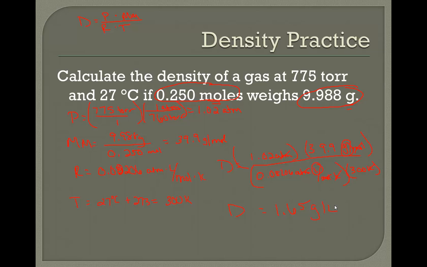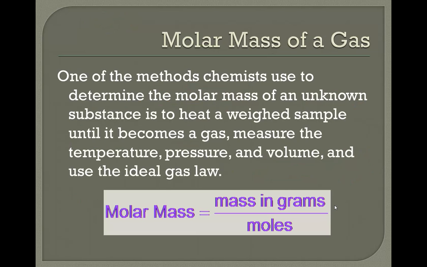One of the methods chemists use to determine the molar mass of an unknown substance is to heat a weighed sample until it becomes a gas, measure the temperature, pressure, and volume, and then use the ideal gas law to figure out the molar mass. We can do this in this question.